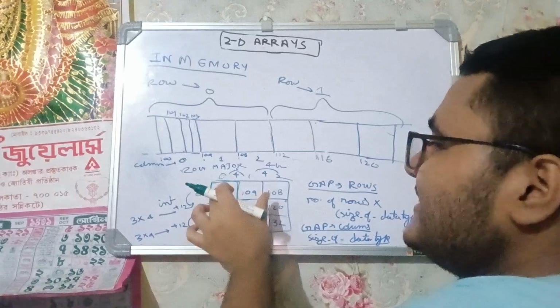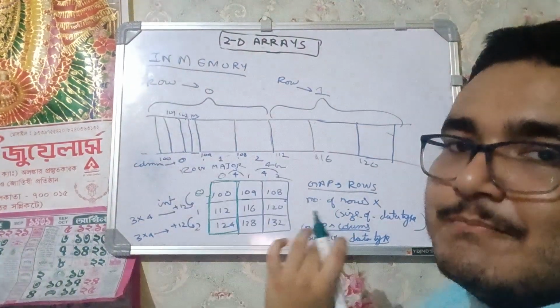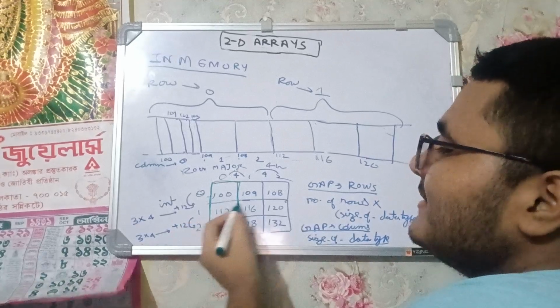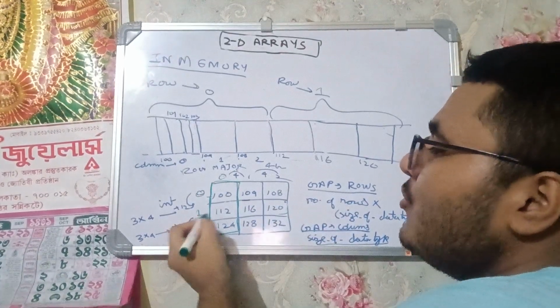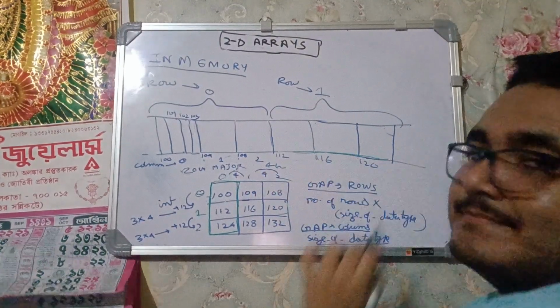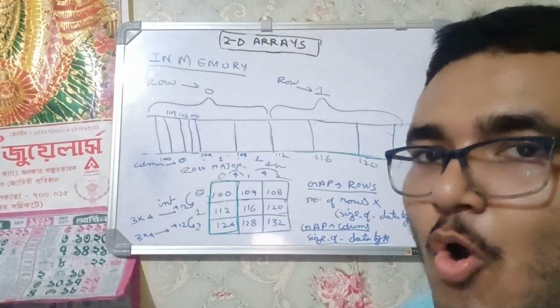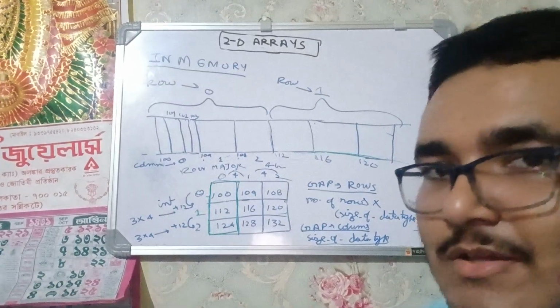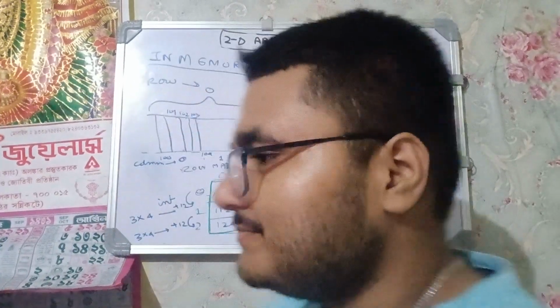Yes or no? This array 0 1 2, this is an array 0 1 2 column, again 1. So this is what row major representation is. Row 1, this is another array. Fine. Now another one is column major representation.